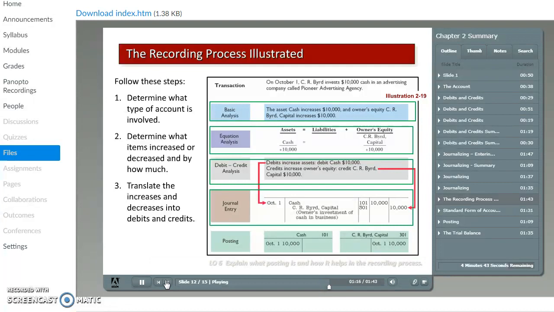Note, the journal entry reflects the proper format of listing the debit account cash first and the credit account owner's capital indented and last. Finally, the journal entry information is transferred or posted to the specific accounts in a process called posting, which will be discussed in the next few PowerPoint slides.